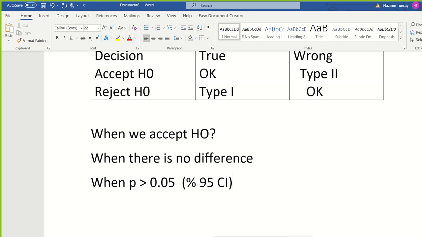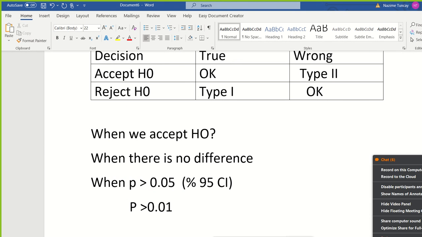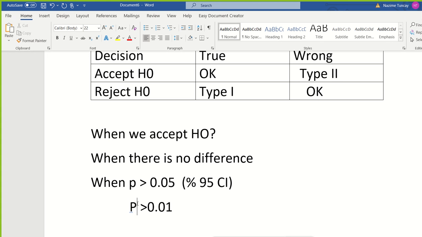or bigger than 0.01 for the 99% confidence interval, then we say that there is no difference, okay? If it is smaller than these values, then we say there is a difference.